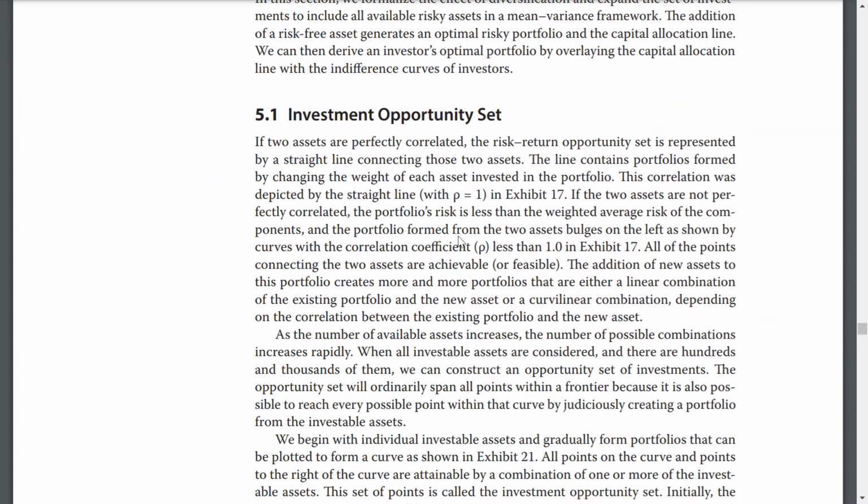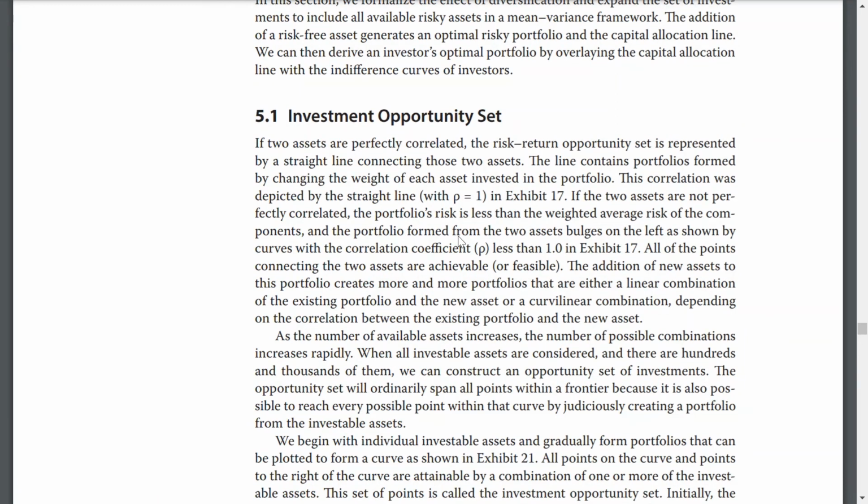Investment opportunity sets. If two assets are perfectly correlated, the risk-return opportunity set is represented by a straight line connecting these two assets. The line contains portfolios formed by changing the weight of each asset invested in the portfolio. This correlation was depicted by the straight line in Exhibit 17.